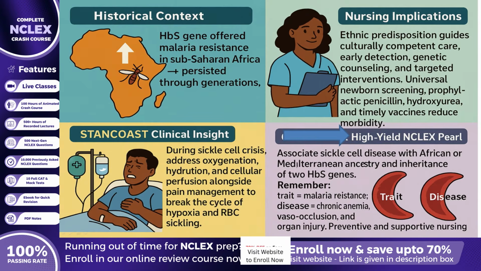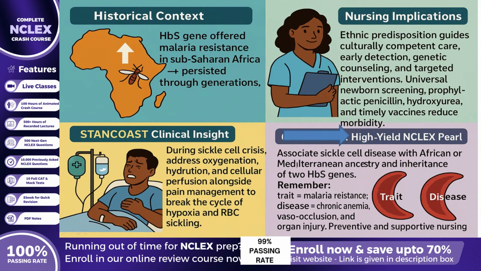From an epidemiological perspective, sickle cell disease most commonly affects individuals of African descent. In the United States, approximately 1 in every 10 African Americans carries the sickle cell trait, and 1 in every 365 African American infants is born with the disease. This distribution traces back to sub-Saharan Africa, where carrying a single sickle gene provided a selective survival advantage against Plasmodium falciparum malaria.